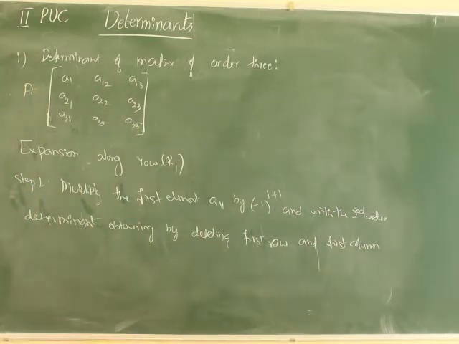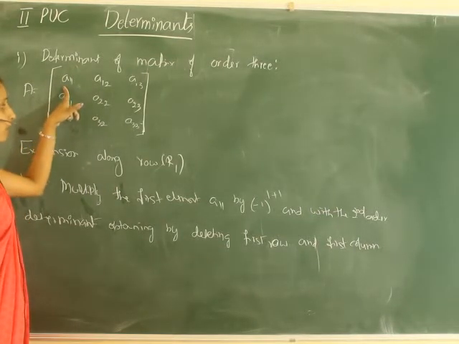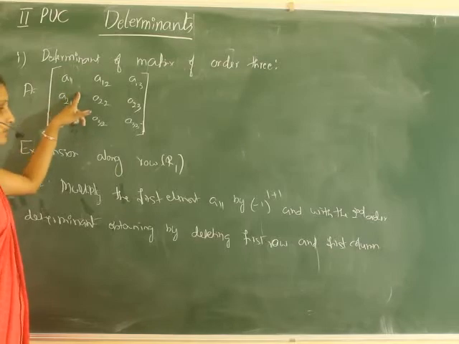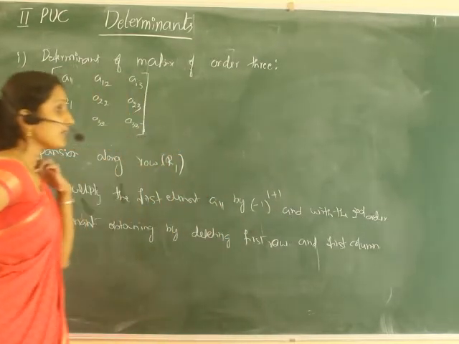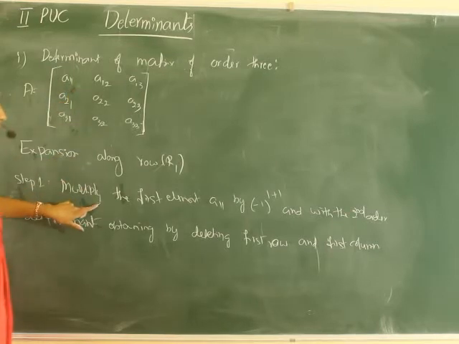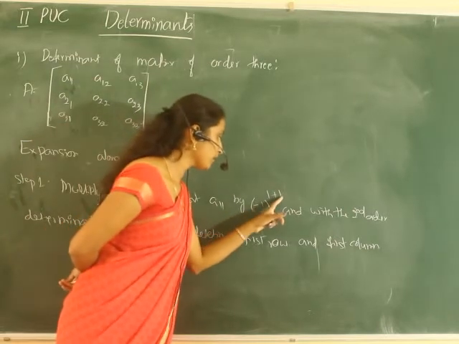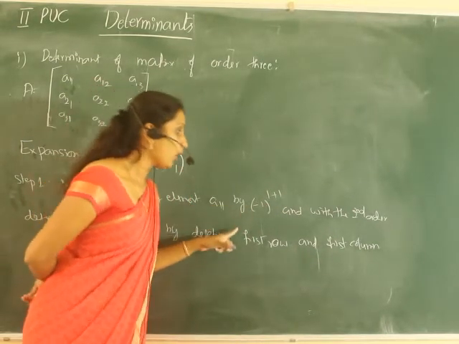In step 1, I have to multiply the element A11 by minus 1 to the power 1 plus 1. What is this 1 and 1? That is the suffix of A11.